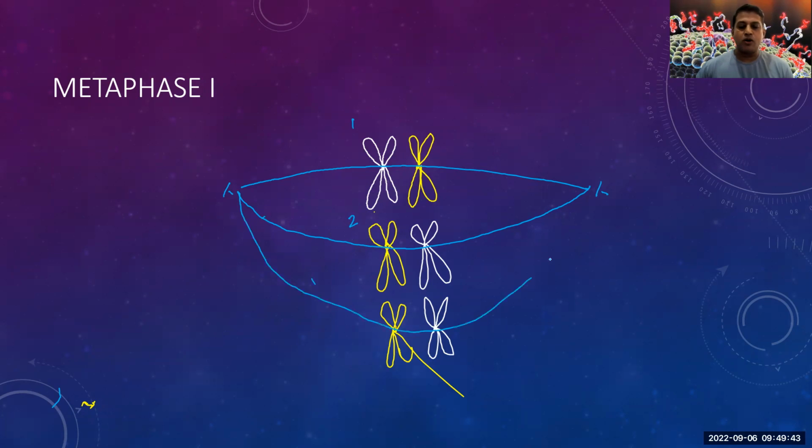So I can keep on doing like this for all the chromosomes. There's no rule to move yellow to one side or white to one side.